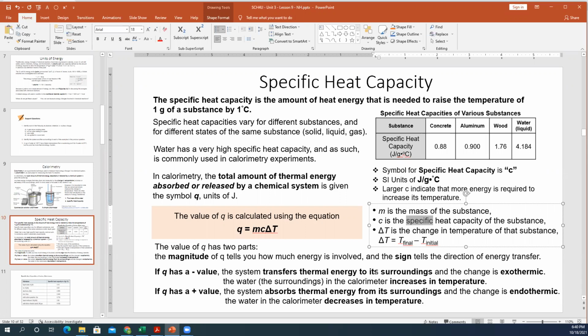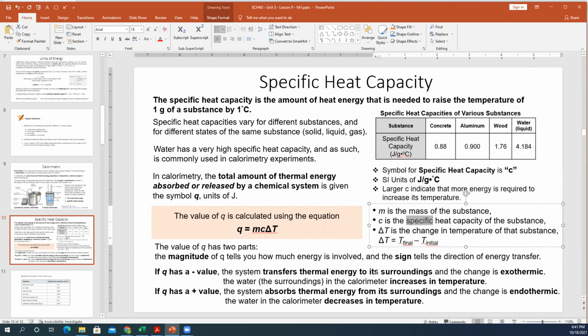Remember, the term exo means out. So thermal energy was transferred out to the surroundings, to the water, which is the surroundings in the calorimetry. That increases in temperature because it's receiving heat from the chemical reaction.